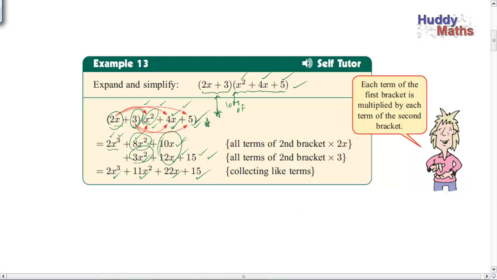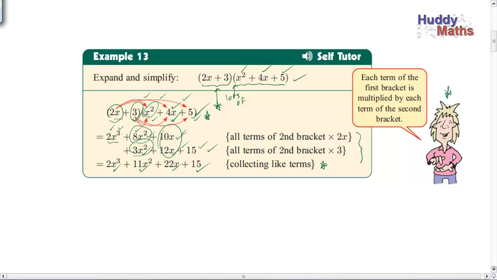So here's that little rule. All terms of the second bracket multiplied by all terms in the first one, by 2x and then by 3, and then we collect like terms. Do you get it? And here's a little person telling you what we've just done. So that's important to learn the rule, but just remember what you're doing and what that rule is saying about the meaning of the expression.